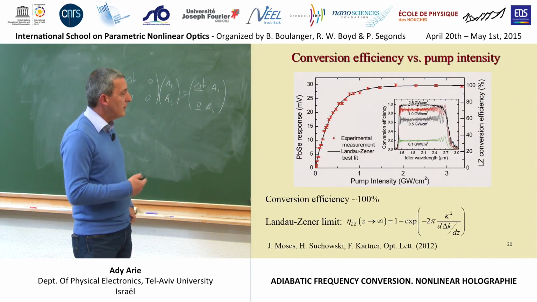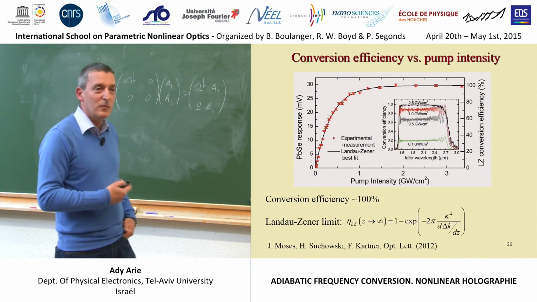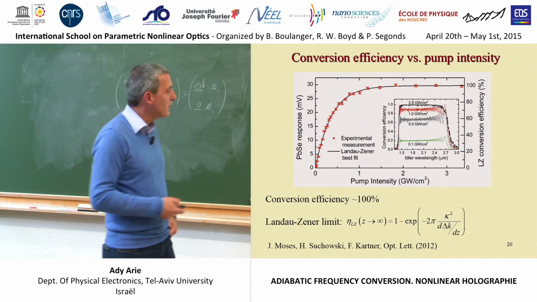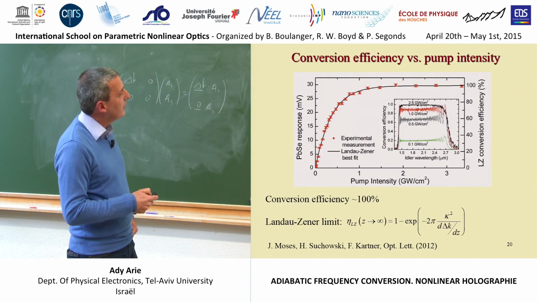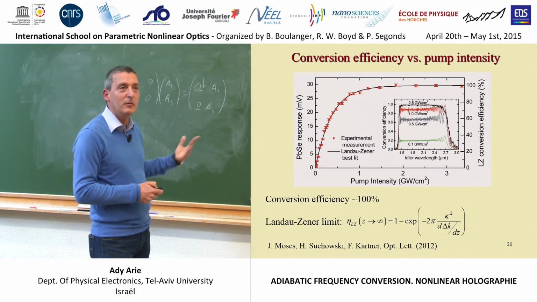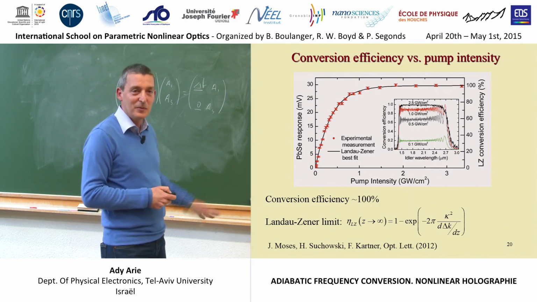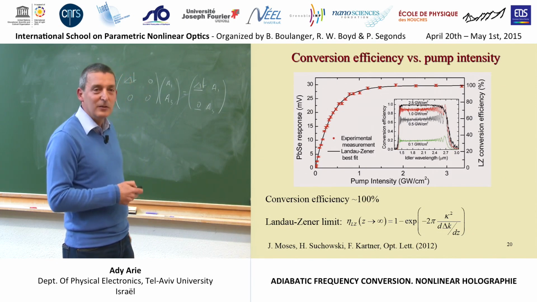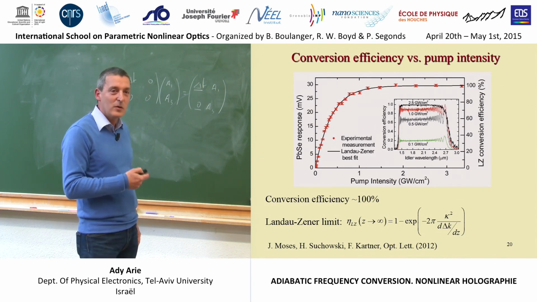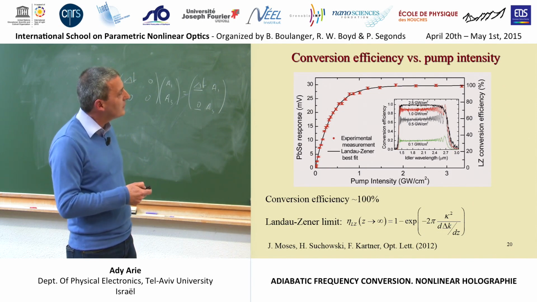Okay. Later, this experiment was repeated, but with a much more powerful laser in the Franz Kärtner group at MIT. So here they really got to 100% efficiency. I don't know if it's 100% or 99%, it's actually very difficult to say how much different than 100%, but it's clear that it's very high.